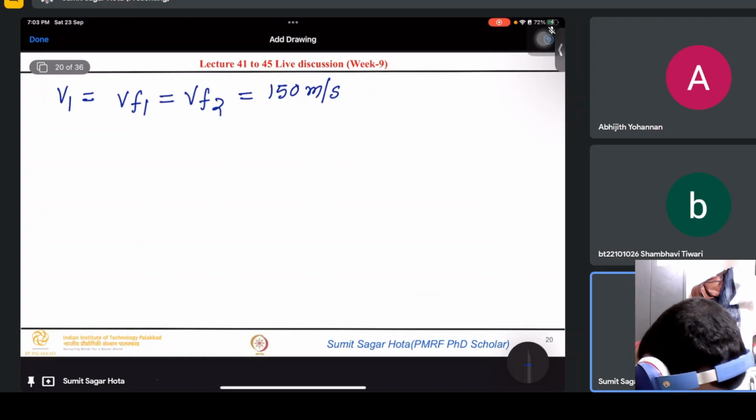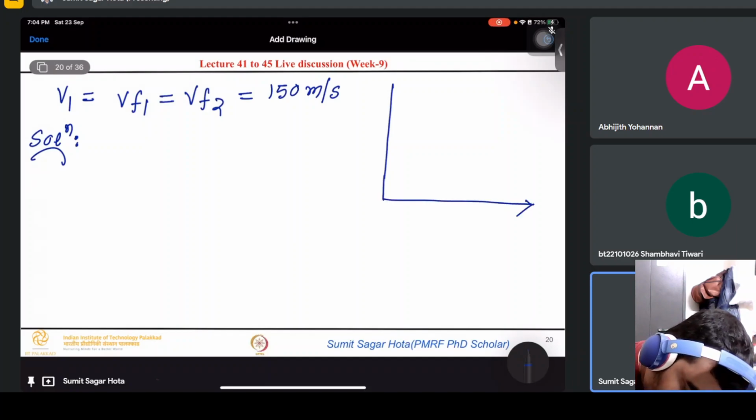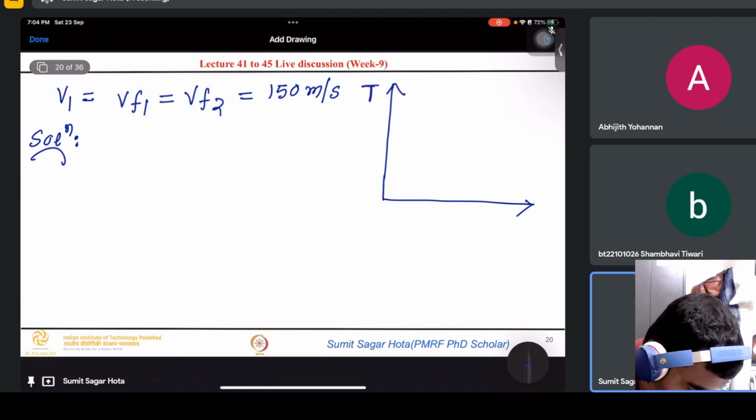Now we draw the TS diagram given, done. Now we have to go for the solution. For that we draw the TS diagram. We have to only draw for the compressor, no need to draw the full TS diagram.